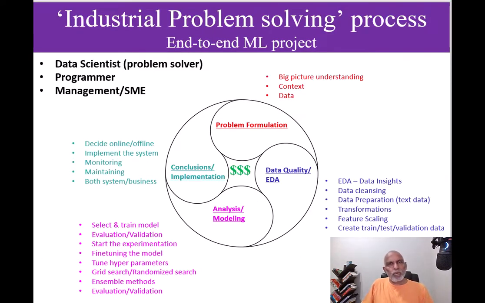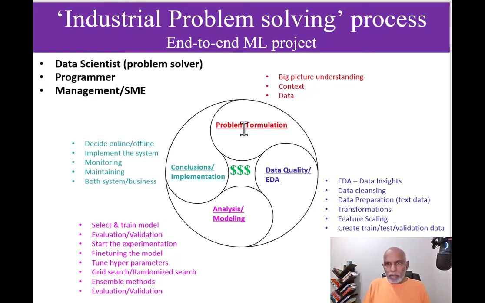So let's go over the end-to-end ML project. End-to-end, it's a teamwork. You as a data scientist will be working with the programmer and also the management or subject matter expert in order to determine what problem you're trying to solve and what problem is the priority for you. How do you get that? Usually by looking at the dashboard and figuring out why certain measurements are going up when they should not be going up, or why certain measurements are going down when they should not be going down.